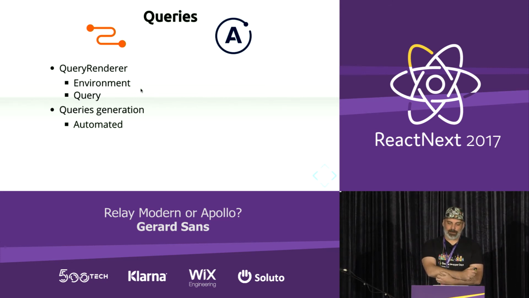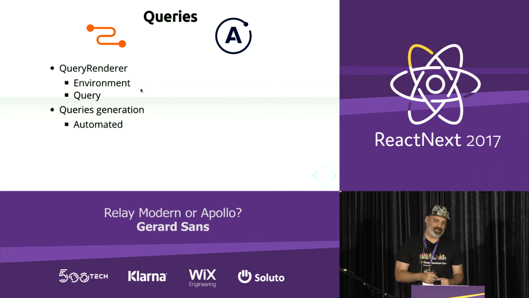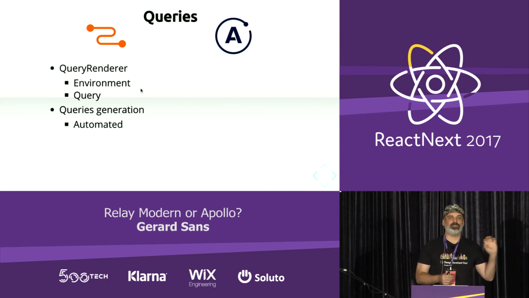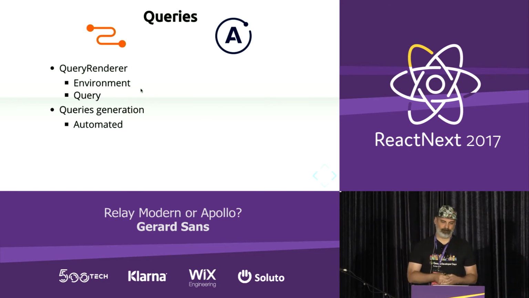For the queries, we are going to see that Relay Modern is going to generate the queries for us. And this is an interesting concept that we introduced before, which is the collocation. What Relay Modern will do is wrap up our components with a concept called a container. It's basically composed of fragments, the fragments that we know from GraphQL.